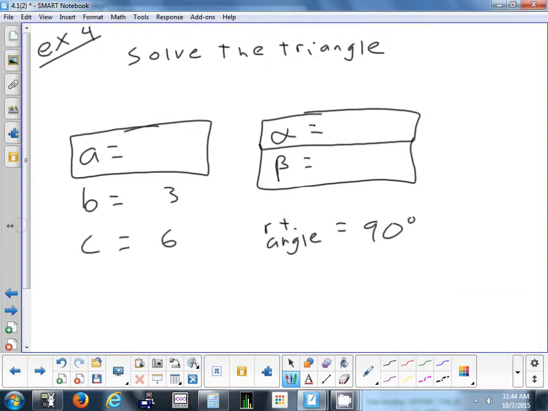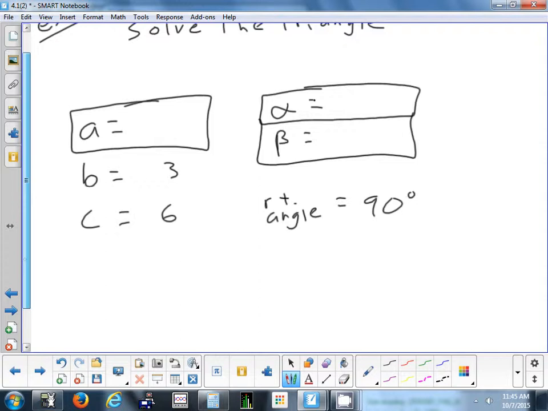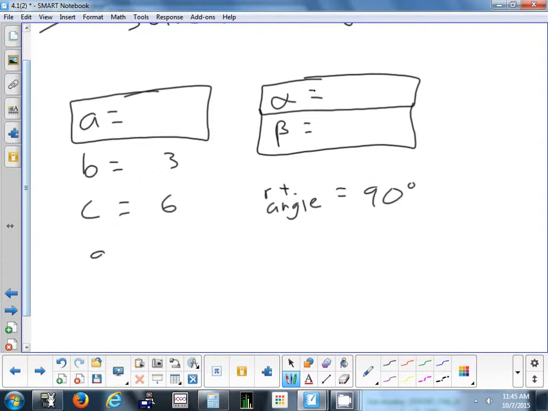Why do we have to use inverse trig? Because what's happening here? Yeah, we got to find both the angles. So first thing I'm going to do, let's use Pythagorean theorem. We'll find A. Right, so A squared plus B squared equals C squared.